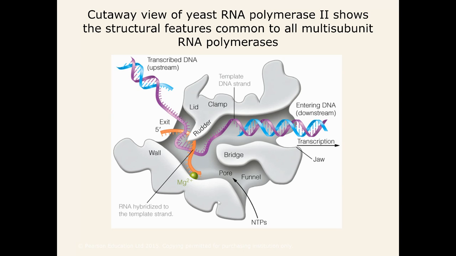And here there's what they call a rudder. It allows for the template DNA strand to come into position for the RNA polymerase then to start creating the messenger RNA.